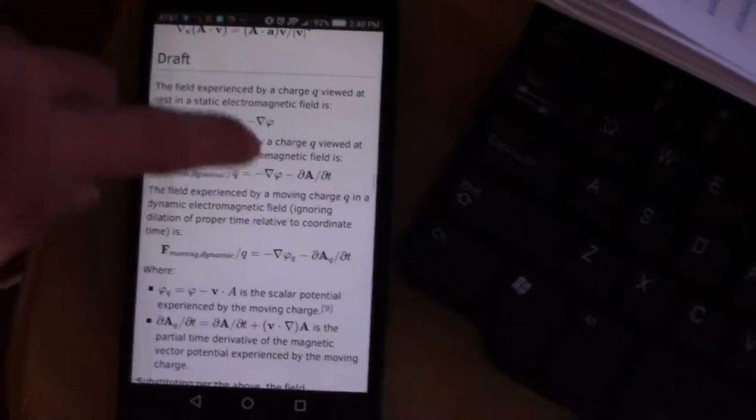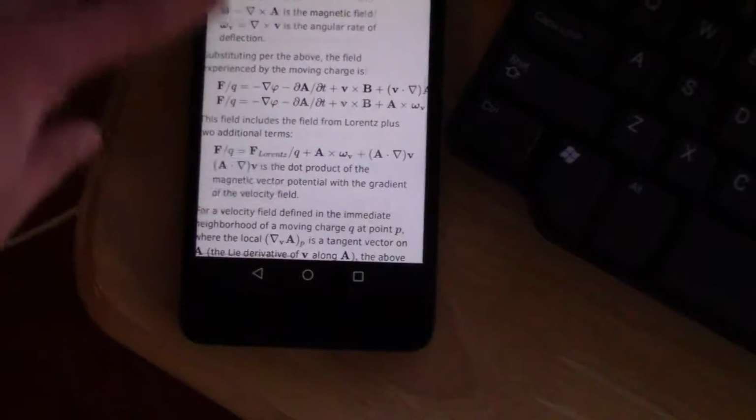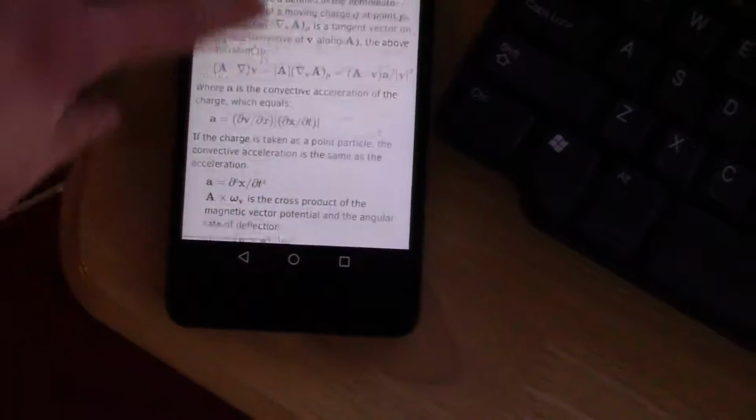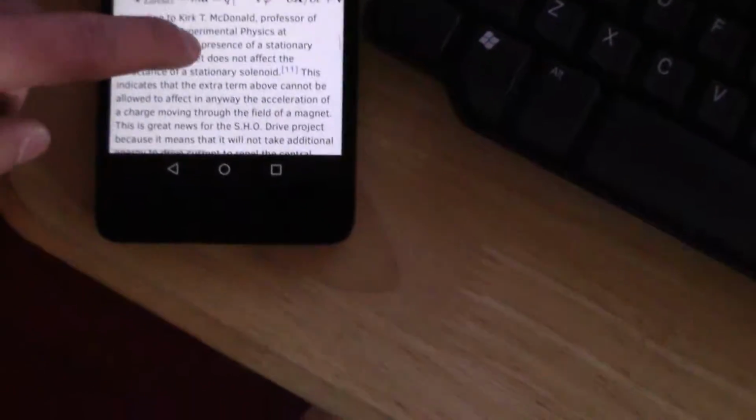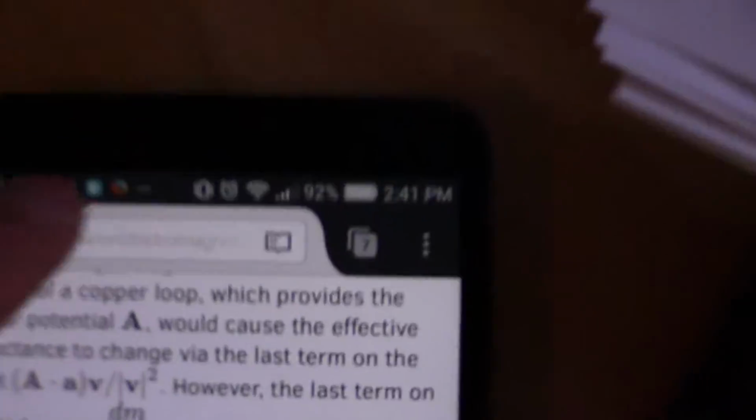Anyway, some of my equations, I'm not exactly sure how this should all work out. I mean, it's still kind of a draft. If you didn't see everything, of course, there's the website over here.